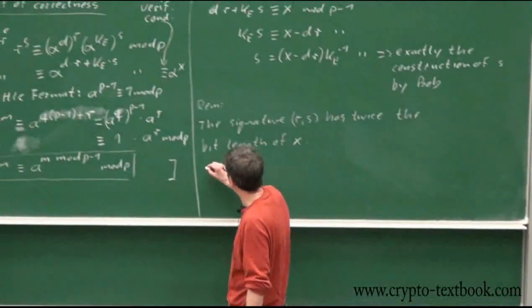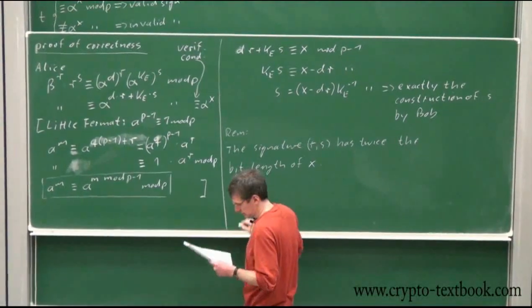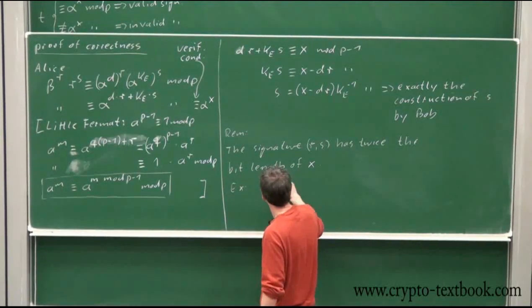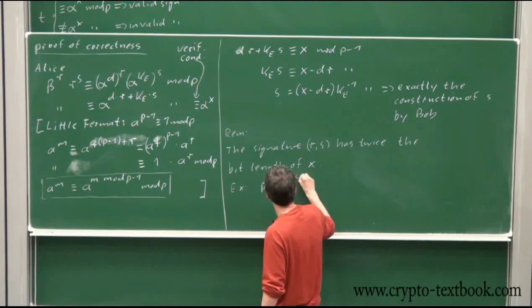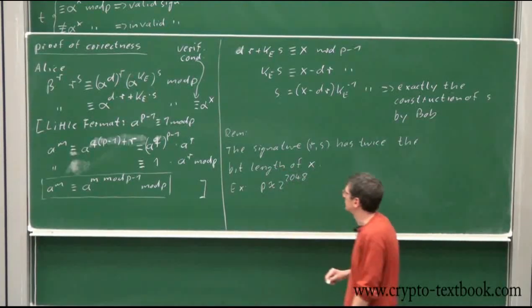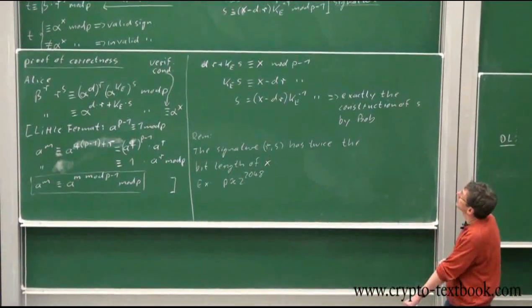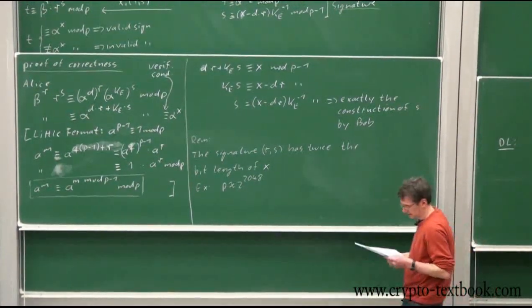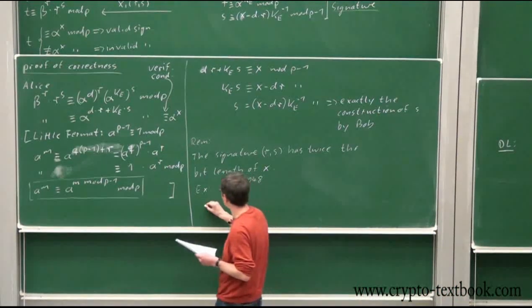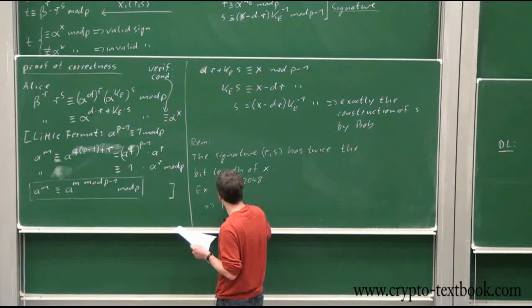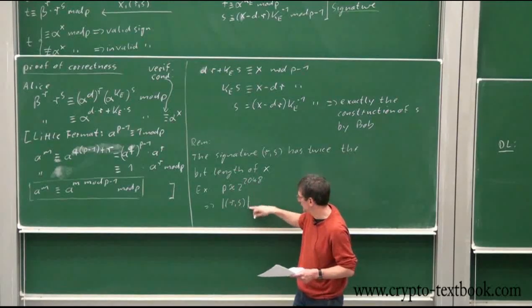Just to give you an example here, it's not very complicated. If you have a 2048-bit prime where our discrete logarithm problem lives in, then these bars, these are Striche here, right?